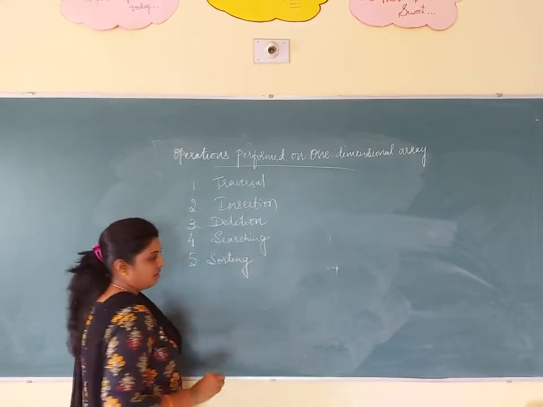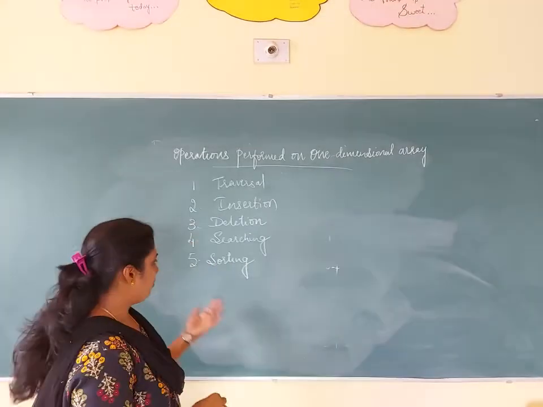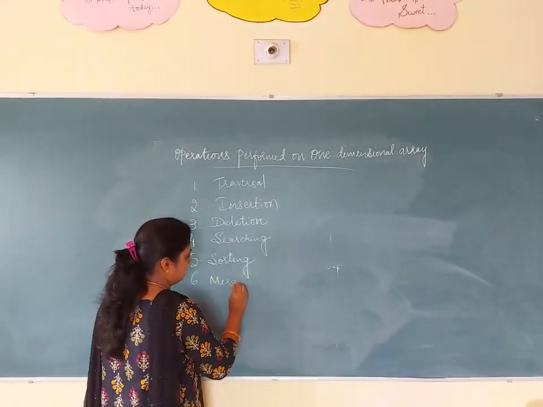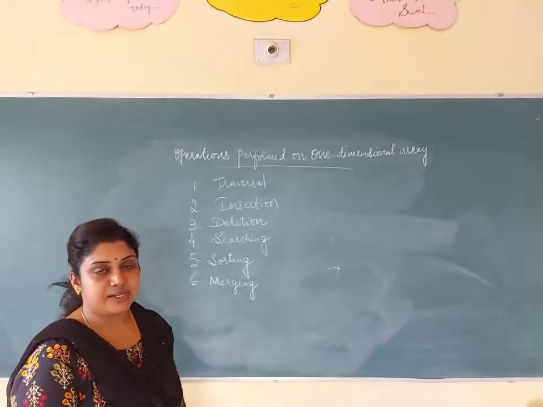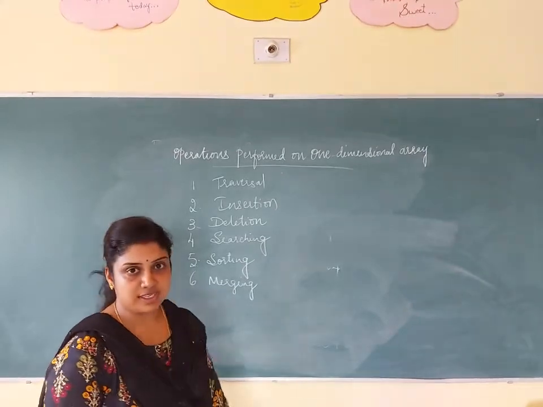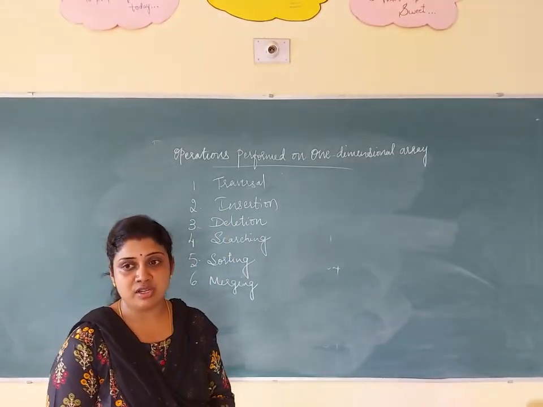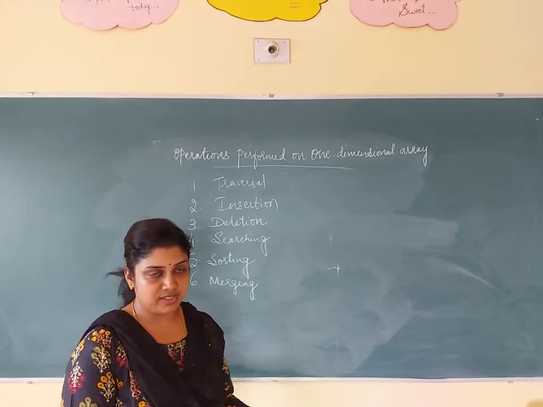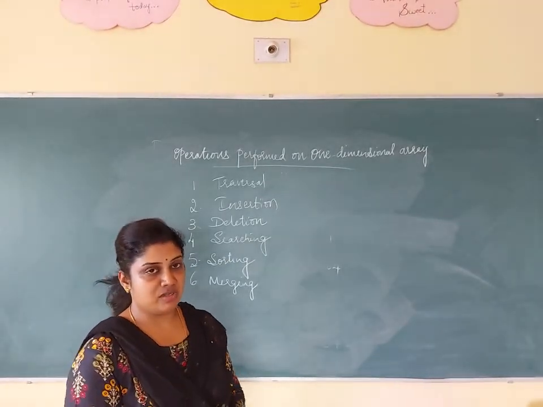Sorting means arranging elements in either ascending or descending order. And the last one is merging. Merging means combining one or more data items or data elements. Already we have discussed these definitions in the non-linear data structure operations. If you know the same concept, then you can write the operations performed on a one dimensional array.